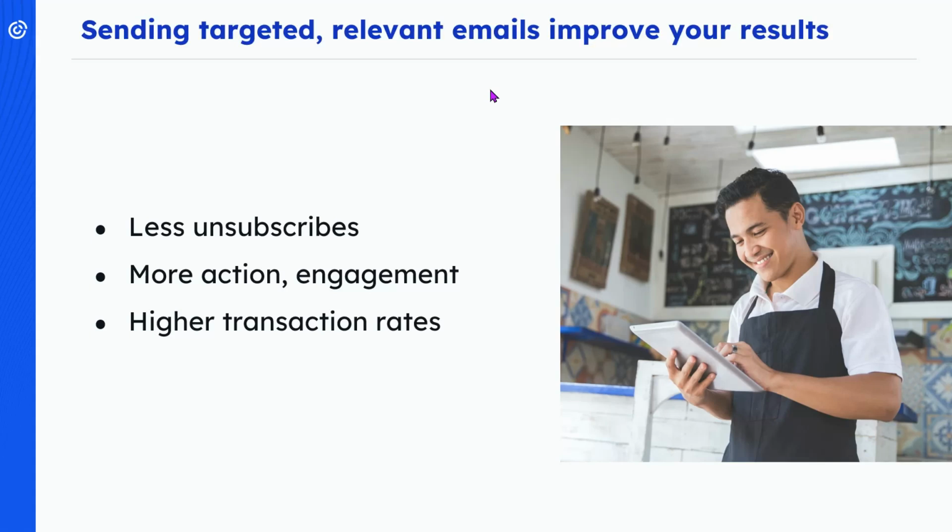Now, while the thought of segmenting your list can seem time consuming and overwhelming, there are things that you can do in Constant Contact that I'm going to show you today to help you to save time in this process. I'm going to be providing you with some tips and ideas for your own segmentation strategy and talk about the tools in your account that you can use to manage your list. If you spend some time now to segment your contact list, your email marketing efforts will be more productive moving forward so that you can really get the results that you want to get.